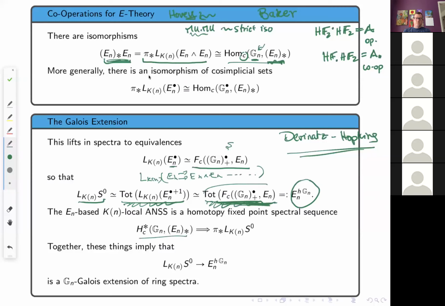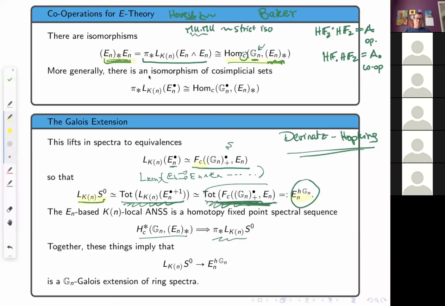Okay, so in recent years, one of the things that people use to study the homotopy groups of the K-local sphere is this homotopy fixed point spectral sequence. Okay. And now if you put all these things together, F here is like functions, okay? So you've got E_n star E_n is like the continuous functions from G_n to E_n star. You have that L_K(n) S is the homotopy fixed points.